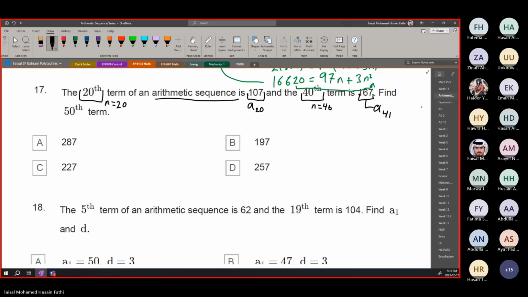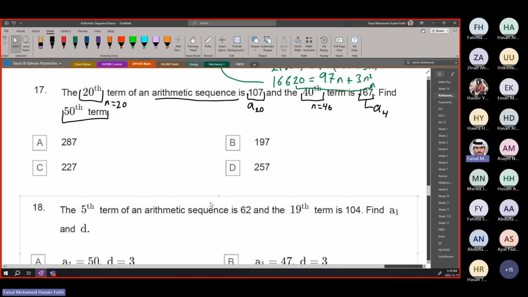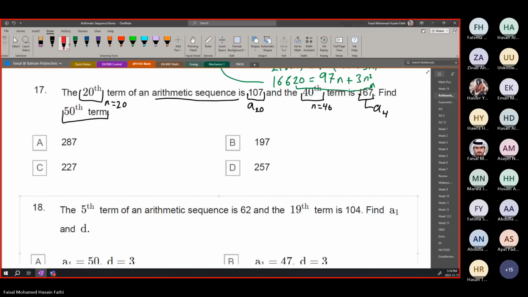Find the 50th term. Again, we did the exact same example last time. It will also be simultaneous equations. We do not have A1 and we do not have the common difference, so we need to find the common difference and the first term.